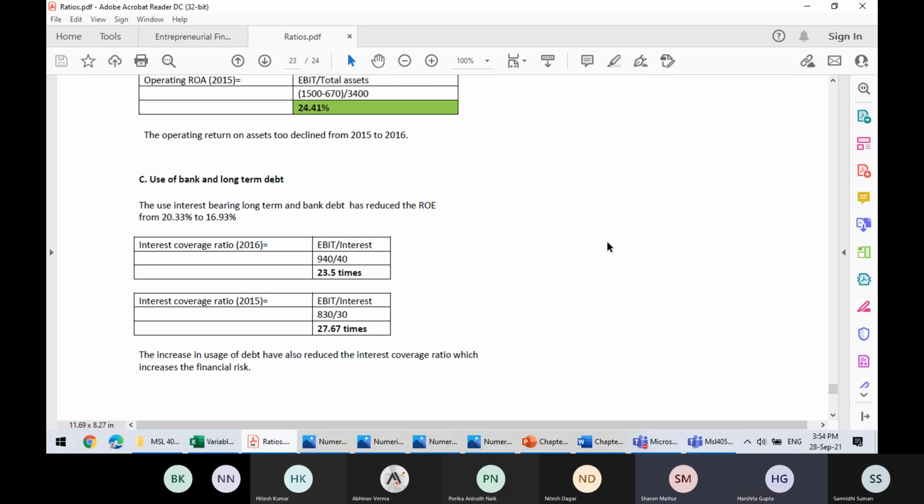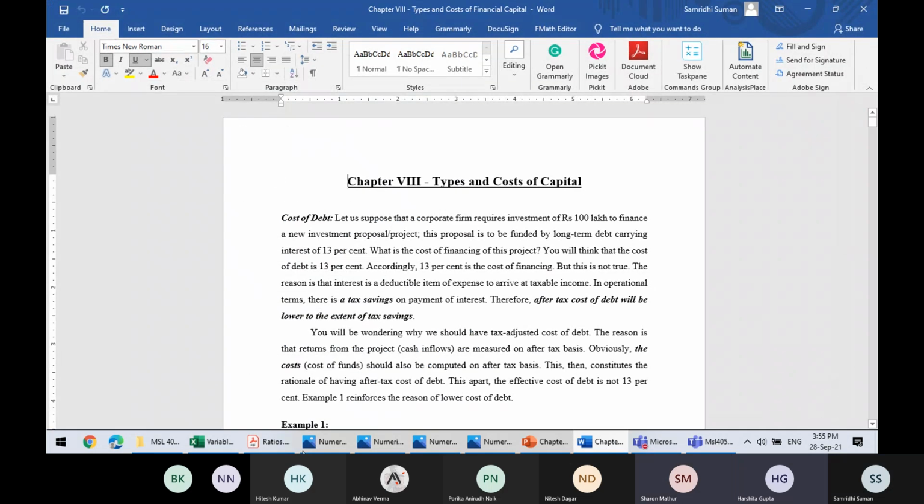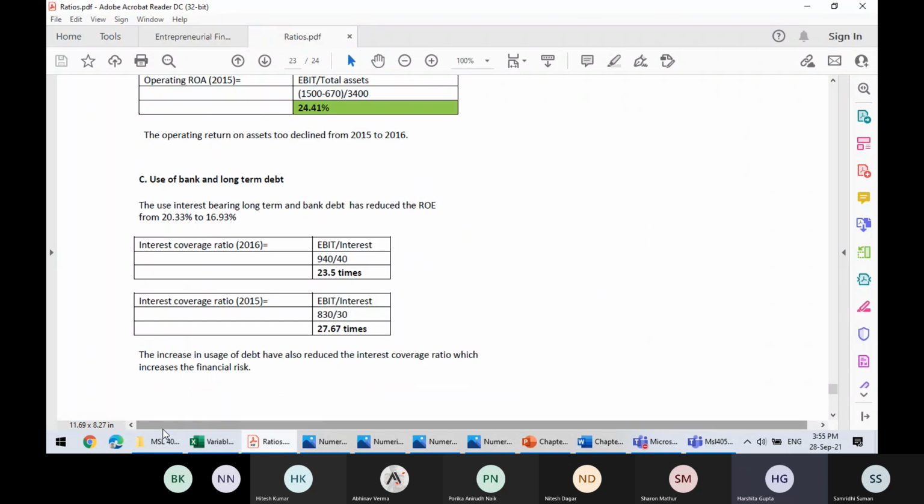Okay, see, supposedly I have a company, and you are a private lender, and I come to you and ask, I need 100 crore rupees for our project, will you fund me or not? How will you judge whether I am the right person to fund?